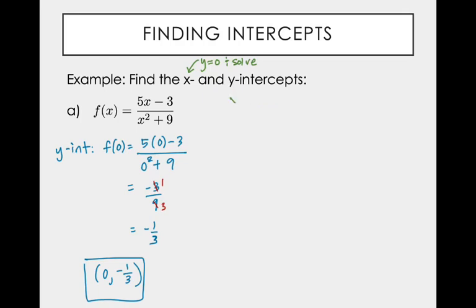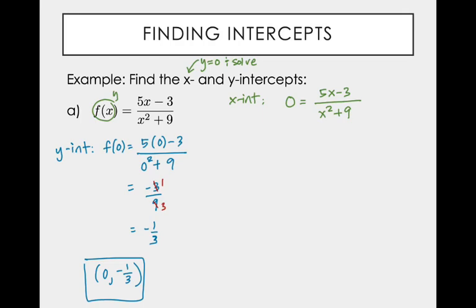For my x-intercept, we set y equal to 0. f of x is another name for y, so I'm going to set the whole function equal to 0. To solve this equation, I need to get rid of that fraction.